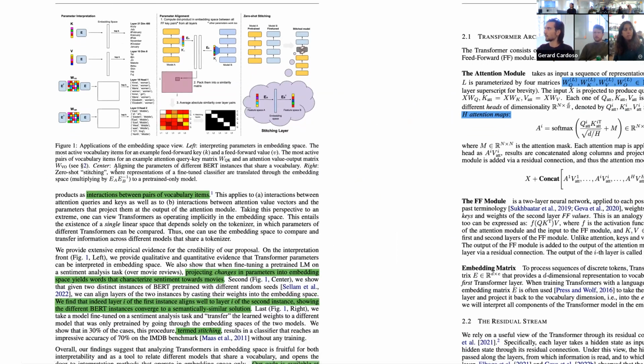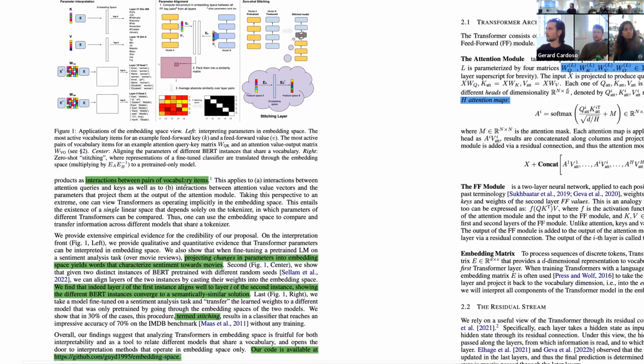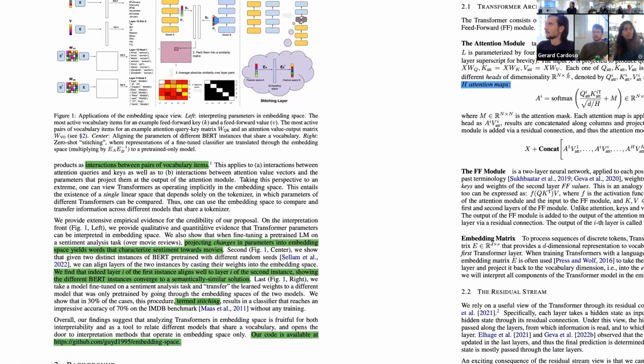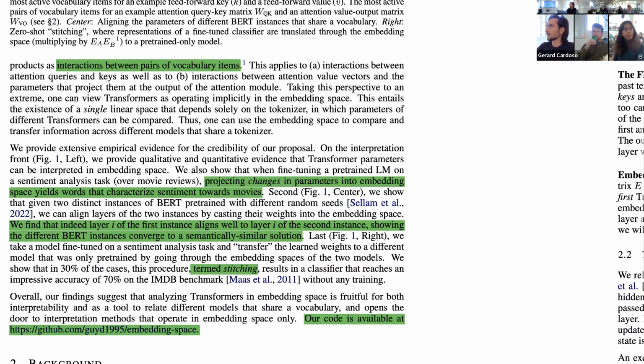So we'll look at it a bit more as we go through. But yeah, what they introduce here are the kinds of applications I mentioned. So they look at what happens when you fine-tune a pre-trained language model on, for example, a sentiment analysis task.